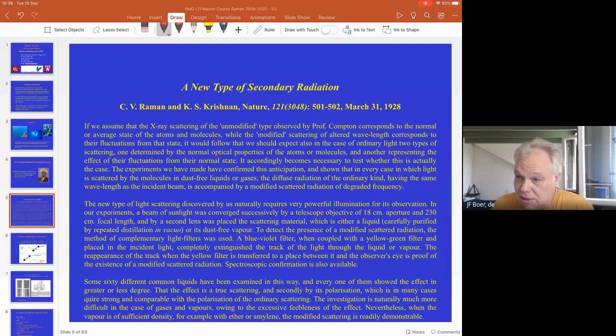If you look, for instance, at the Nobel Prize for the discovery of the Higgs boson, that was predicted in the 1960s. And it was discovered, I think, around 3 to 5 years ago. So that took around 55 years for Higgs to receive the Nobel Prize for his discovery. And so Raman was a speedy guy.